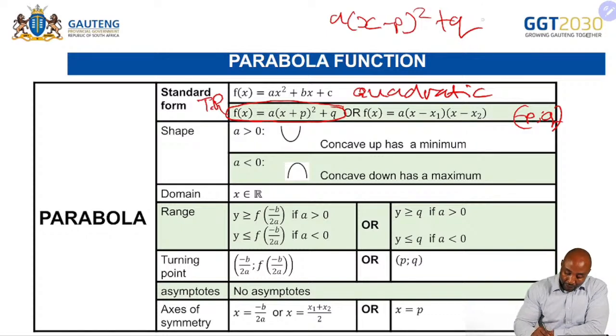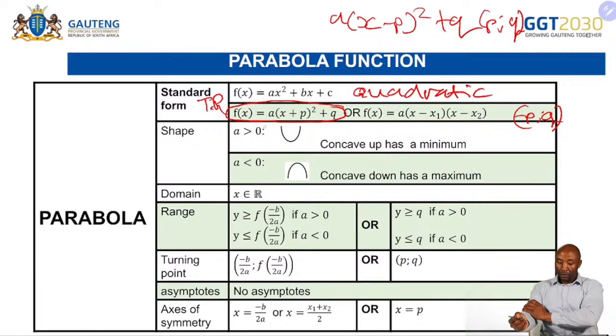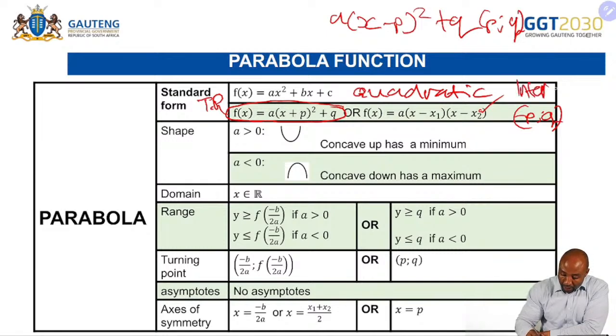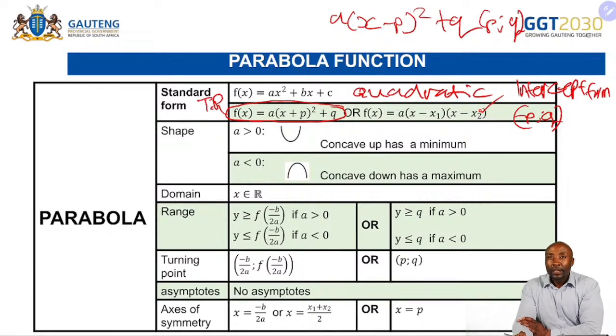So if you are given the first form, it means the coordinates of the turning point will be p and q. But if you are given the standard form that you are expected to use, the coordinates of the turning point must be negative p and q. And then the third form, which we shall call the intercept form. Normally, this one is given as a story where you are told the x-intercepts are given as this, and then point P lies on the graph as that.